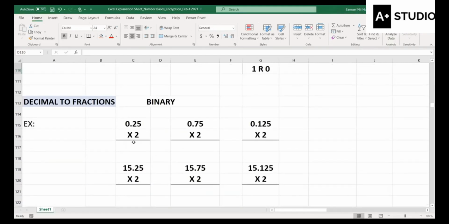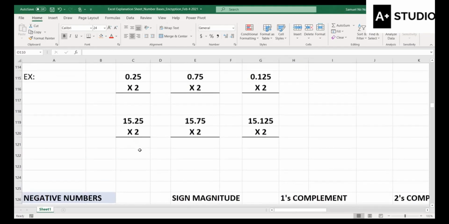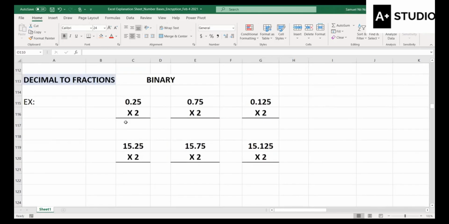So these are the numbers. Now what we do is that when you are given the number, we are going to pick the fractional part and multiply by 2. So for example, a number like 0.25, you multiply by 2, 2 times 5 is going to give you 10, okay? And 2 times 2 will give you 4, plus the carry 1, 5.